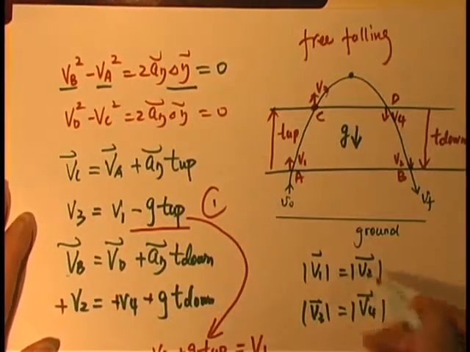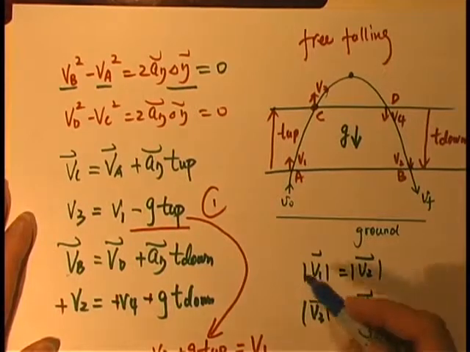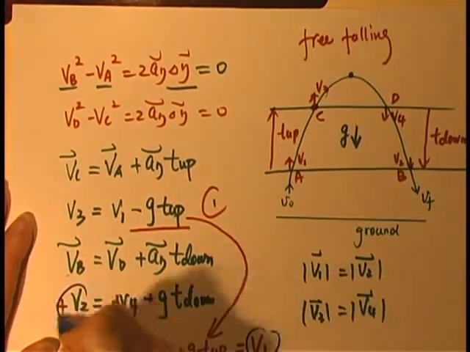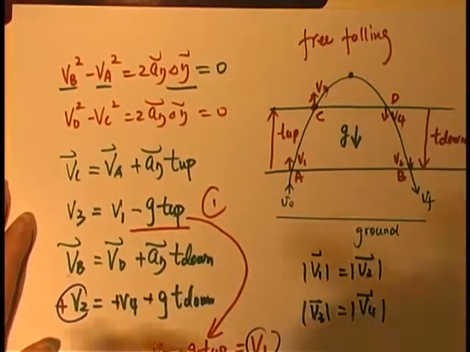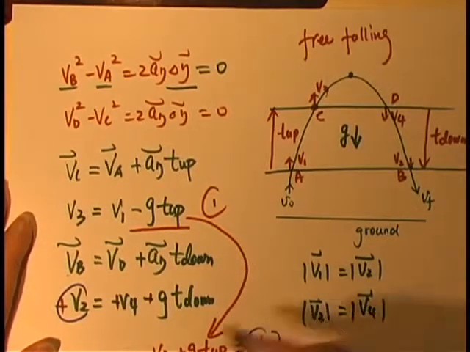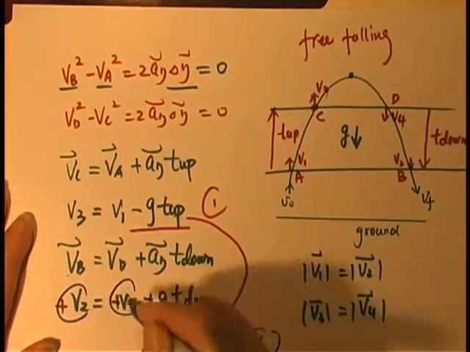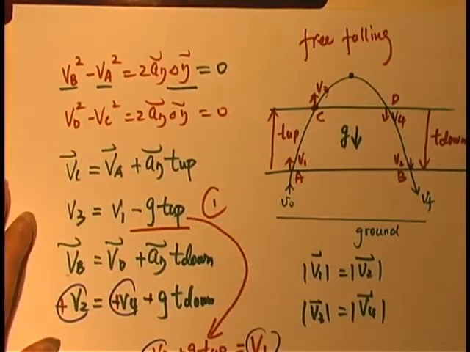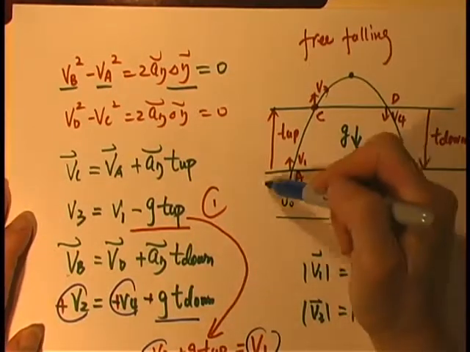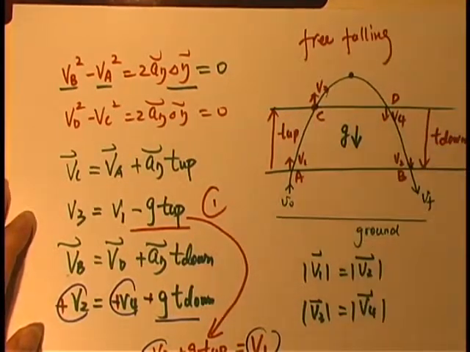Look, V1 equals V2, right here. And then what? V3 equals V4. Okay, so GT down must equal GT up, which proves T up equals T down.